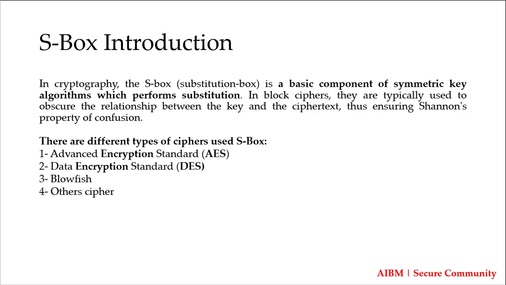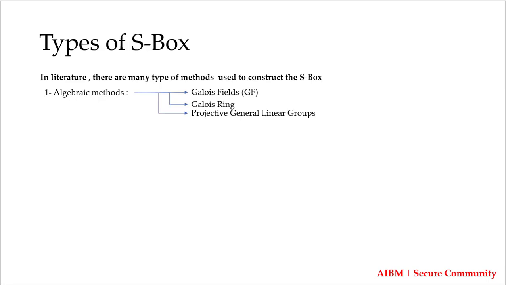Different types of ciphers use S-Box, like Advanced Encryption Standard (AES), Data Encryption Standard (DES), Blowfish, and many other ciphers. In the literature review, there are many methods used to construct the S-Box. Algebraic methods contain three types: Galois fields, Galois ring, and projective general linear group.